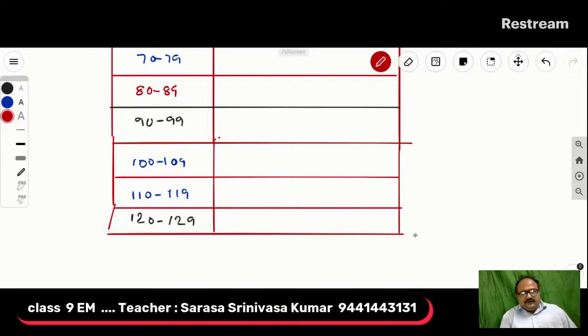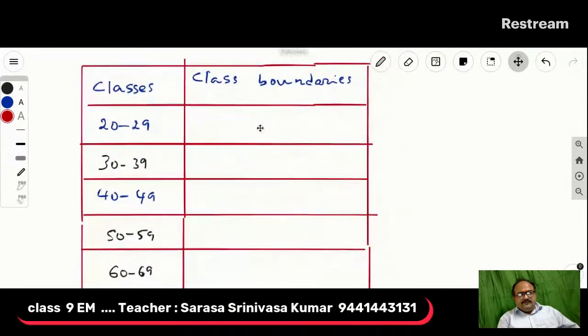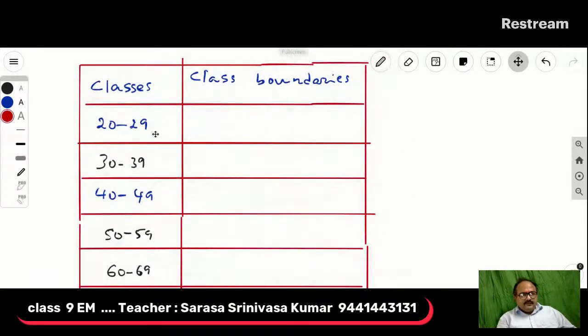So we have written the class intervals like this, and then you will learn how to write the class boundaries. Here, how to write the class boundaries, you will learn this.